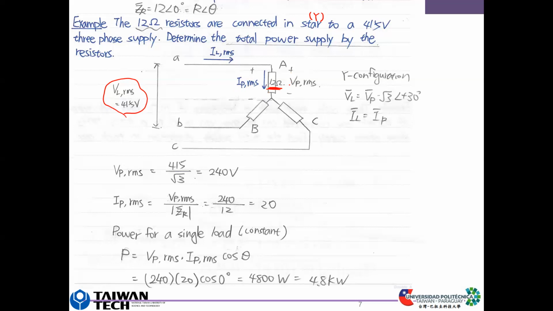Because we just proved that the real power is the phase voltage in RMS times the phase current in RMS times cosine theta. We just proved this for a single load. For a total load, you need to multiply by 3. We talked about this last week, so this formula will be given, although this is a simple one.